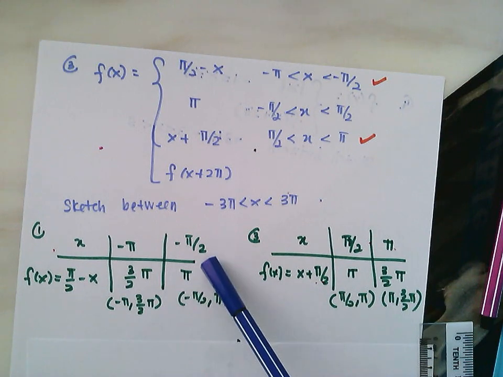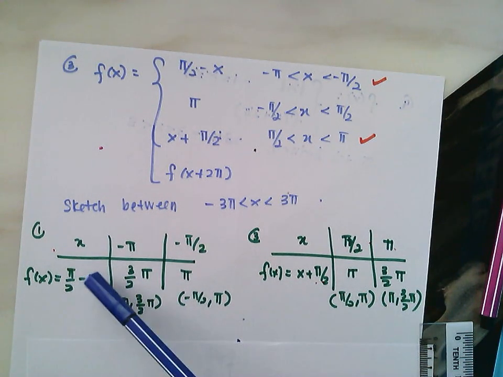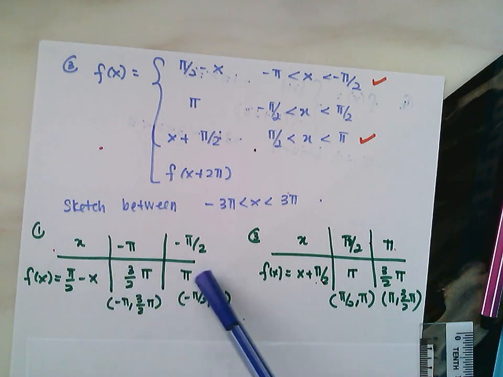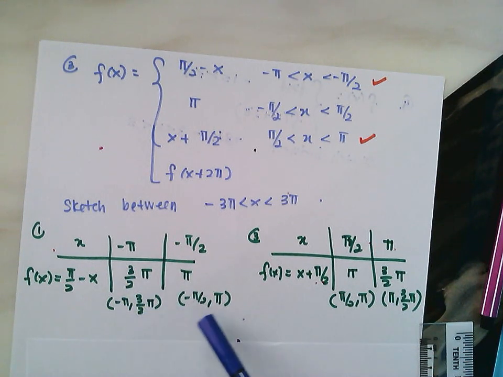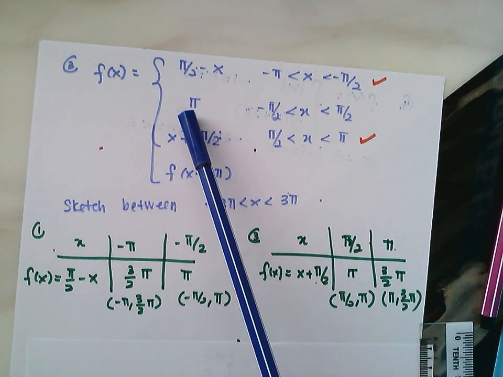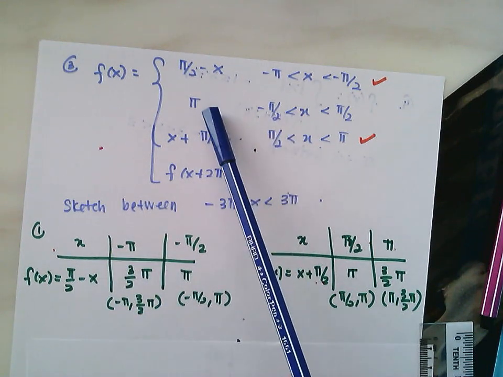The next one, when x is equal to negative pi over 2, so pi over 2 minus negative pi over 2, minus times minus will give plus, so you will have pi here. Therefore this is your first point and this is your second point. For the second function, you don't need to do this table of coordinates because this is a constant.